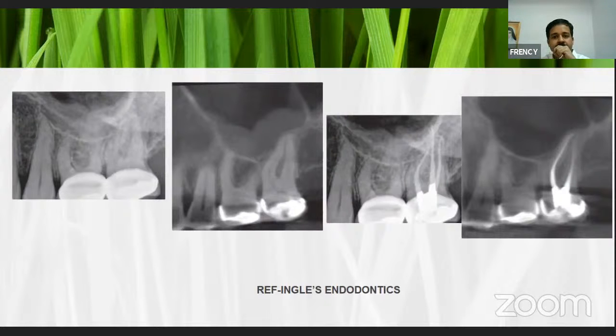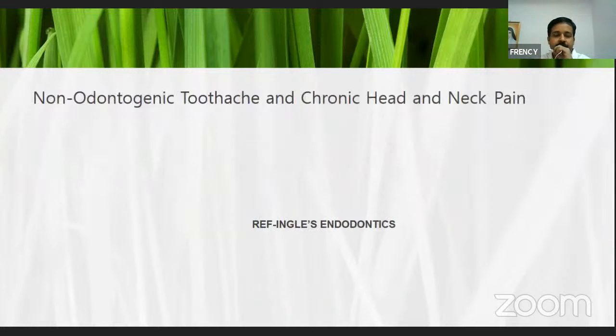And after endodontic treatment, it was completely regressed. In this textbook, it was written that it was posted for surgical treatment, but luckily it was completely resolved by endodontic treatment also.